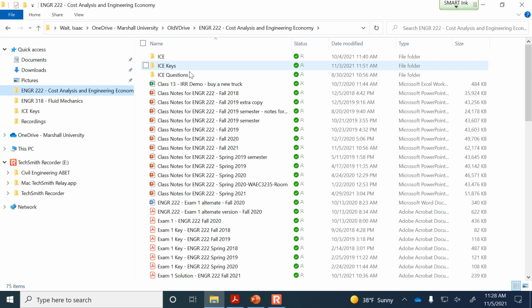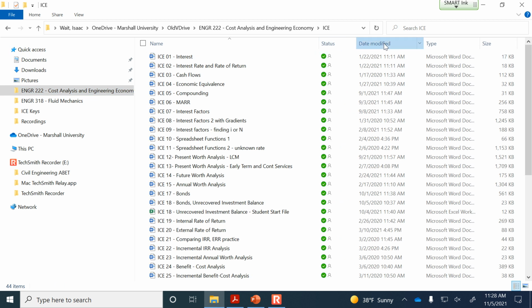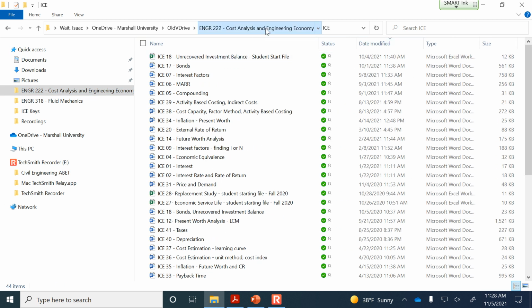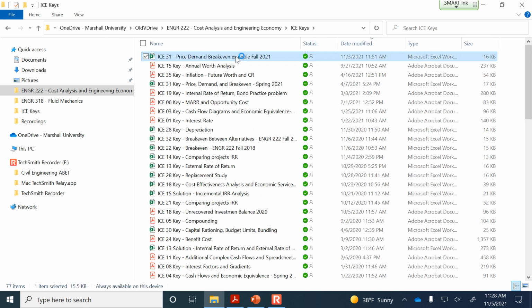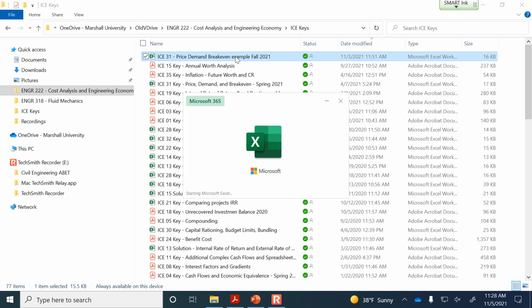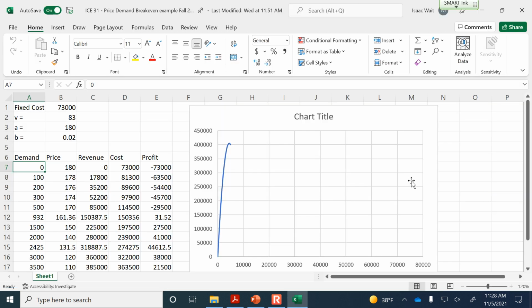Let's see, I'm pretty sure I saved the graph file. That's not it. Here we are, yeah. I wanted to just finalize how you can put together a graph of the revenue, the cost, and the profit.